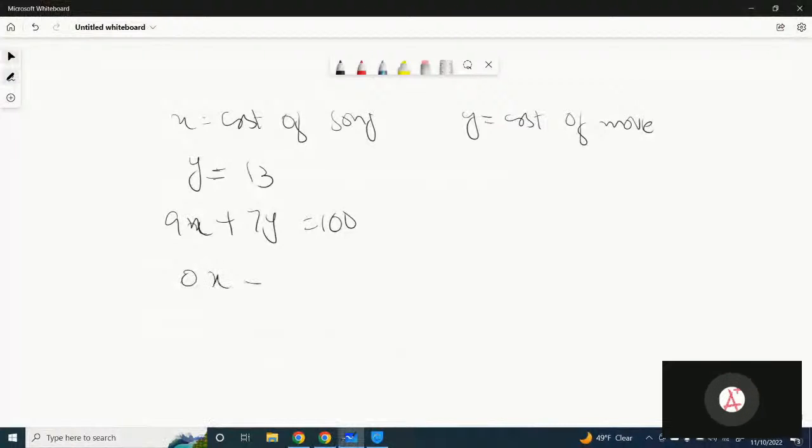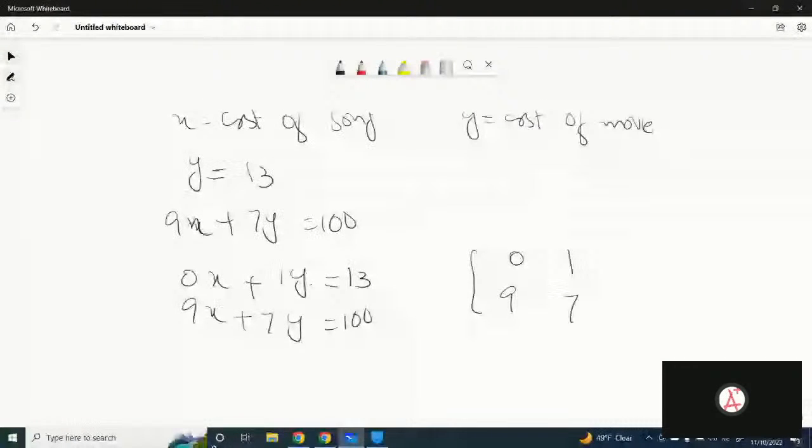You have 0x plus 1y equals 13, and the second is 9x plus 7y equals 100. Now form the matrix. You write down the coefficients 0 and 1, and 9 and 7, and you have 13 and 100. That is the matrix. Got it?